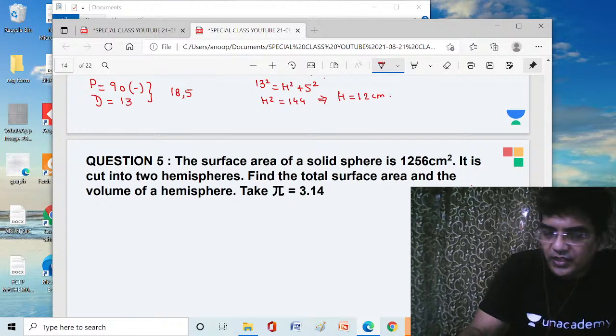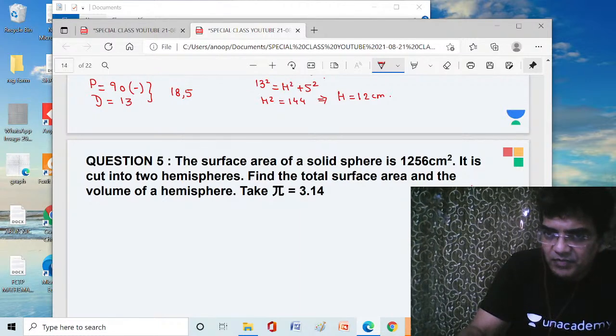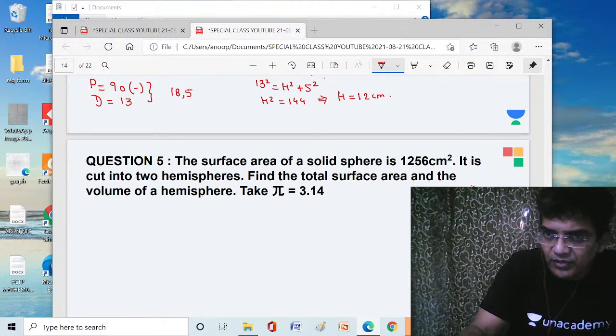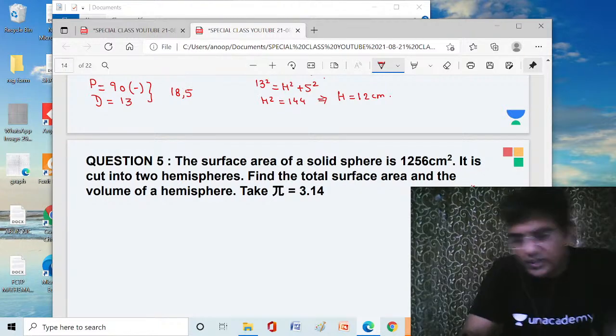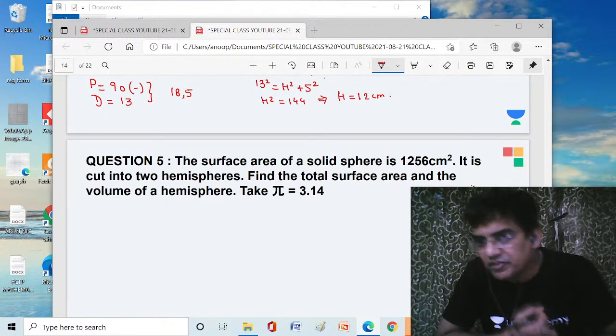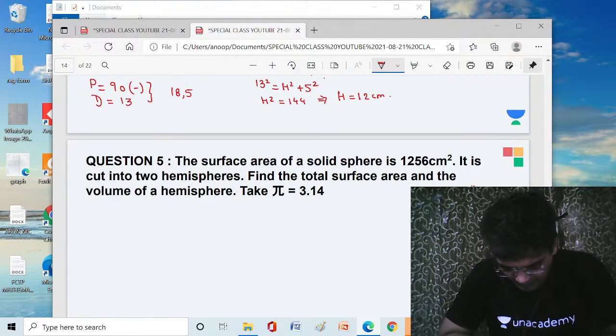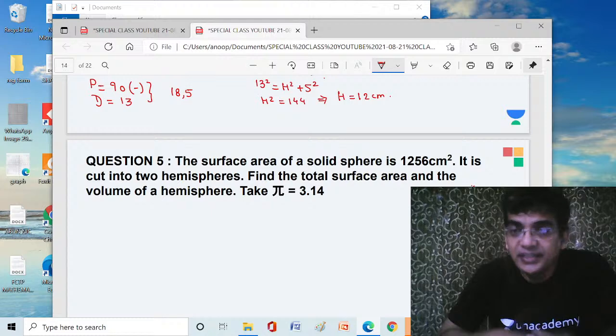You can simply call it a sphere. No need to write solid, because only when it is solid is it known as a sphere. If a sphere is hollow, then it is called a shell.